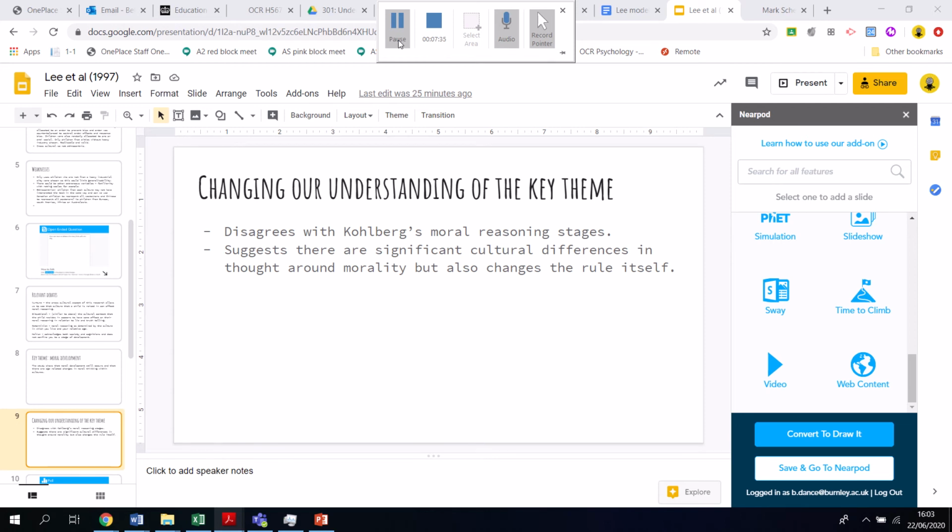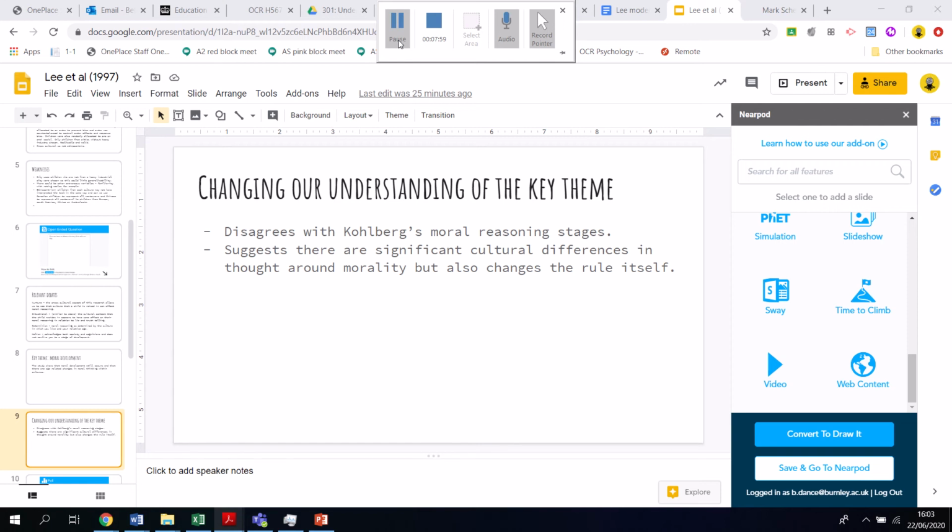So looking at what we learned in lesson, you can say that it does change our understanding of the key theme, Lee's research, because Kohlberg basically set out stages of moral reasoning, and there were some cultural differences between those stages in terms of things like the rate at which you progress through them, but there weren't any distinct differences in moral reasoning.